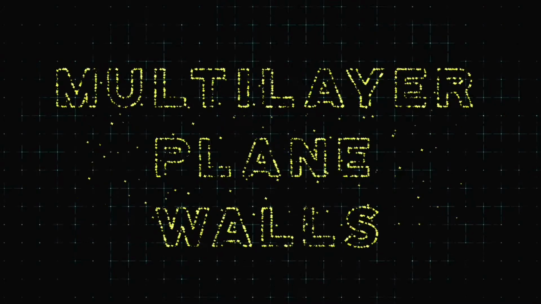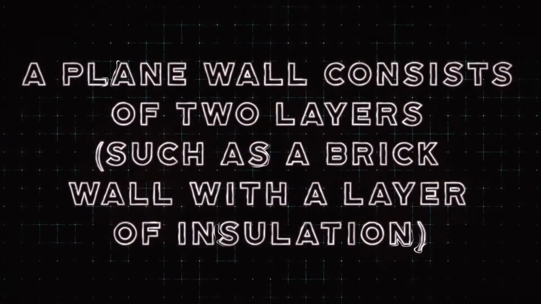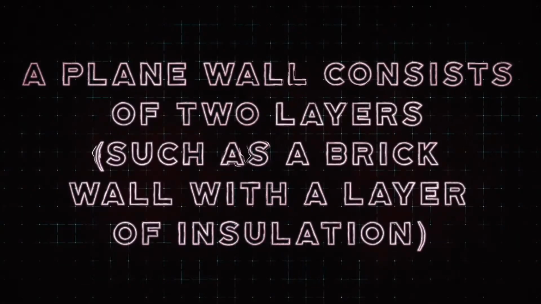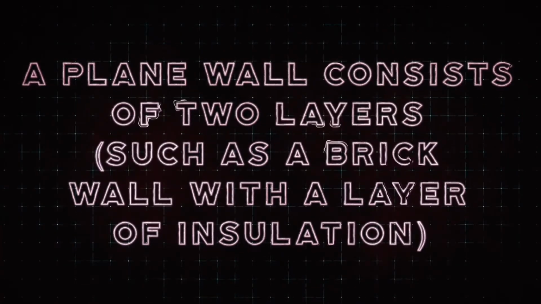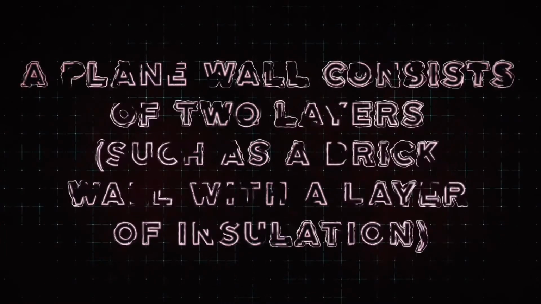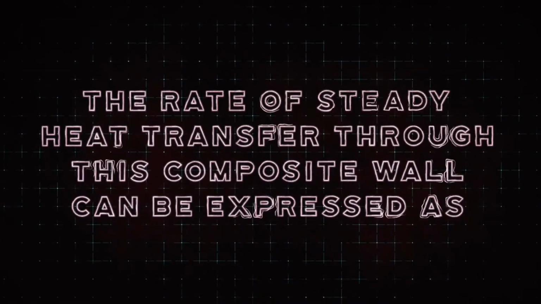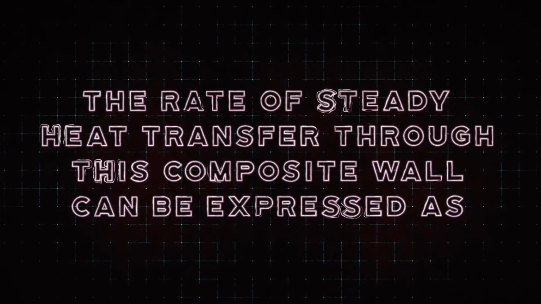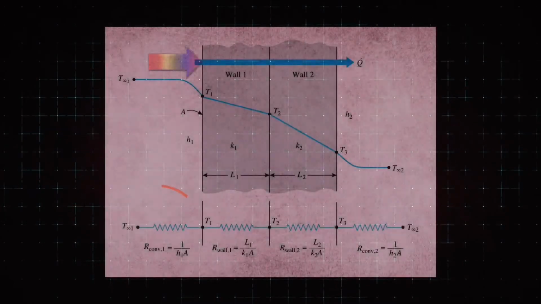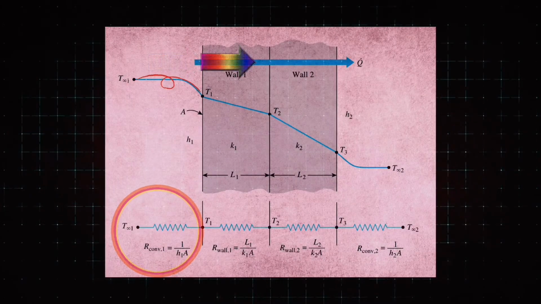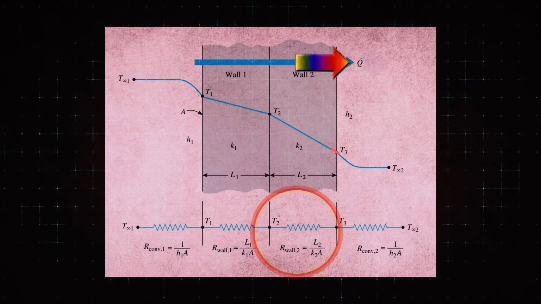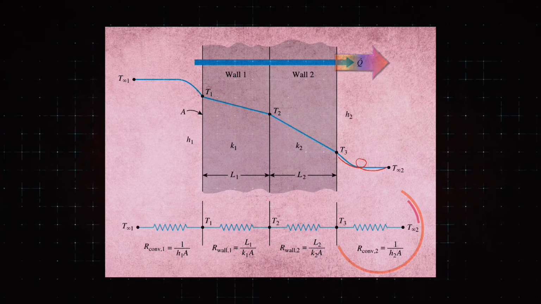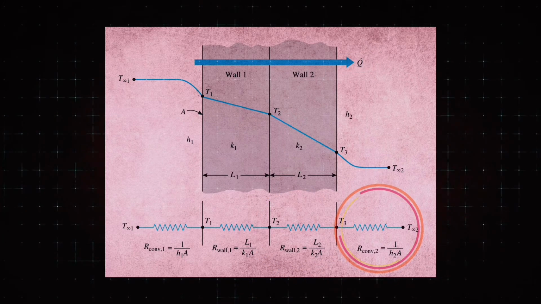Consider a plane wall that consists of two layers, such as a brick wall with a layer of insulation. This type of wall is known as a composite wall. The thermal resistance concept can determine the rate of steady heat transfer through composite walls. This is done by simply noting that the conduction resistance of each wall is L over kA, connected in series, and using the electrical analogy.